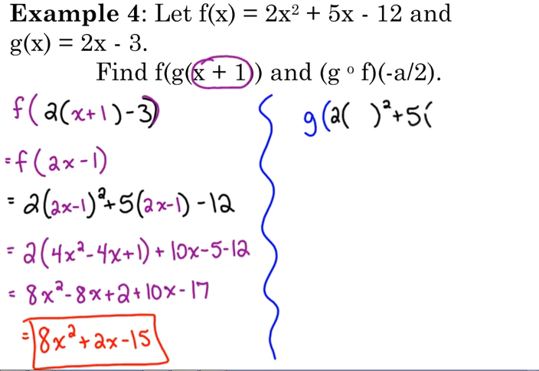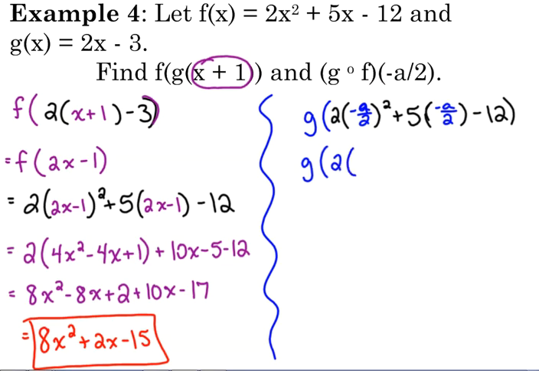So write down your skeleton, put your parentheses there, and we're putting negative a over 2 in our parentheses. Okay, we're plugging that into our f function. Everywhere we've seen x, we're putting negative a over 2. Let's simplify.